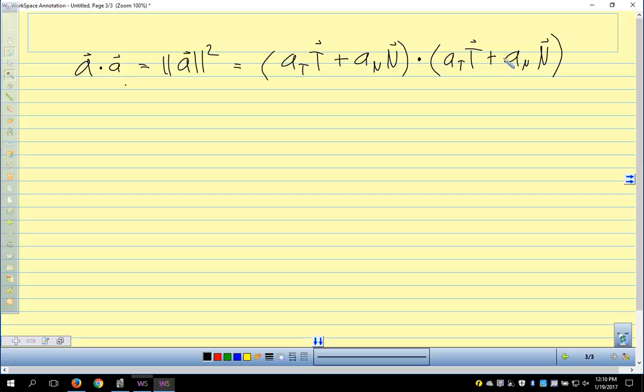And we're going to do this dot product. So we get a sub t squared, t dot t, plus, and we get two of these a sub t, a sub n, t dot n's. And then finally we get a plus an a sub n squared, n dot n.